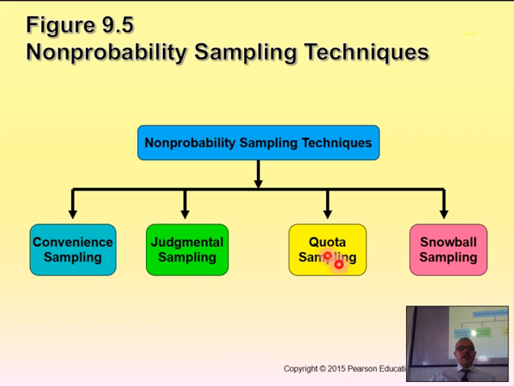And then quota sampling, that's when you set up a quota. So let's say you want 1 person from every class. Or maybe the population here in LIU has, let's say, 60% females. Then your sample needs to be 60% females, to represent the 60% of the population.